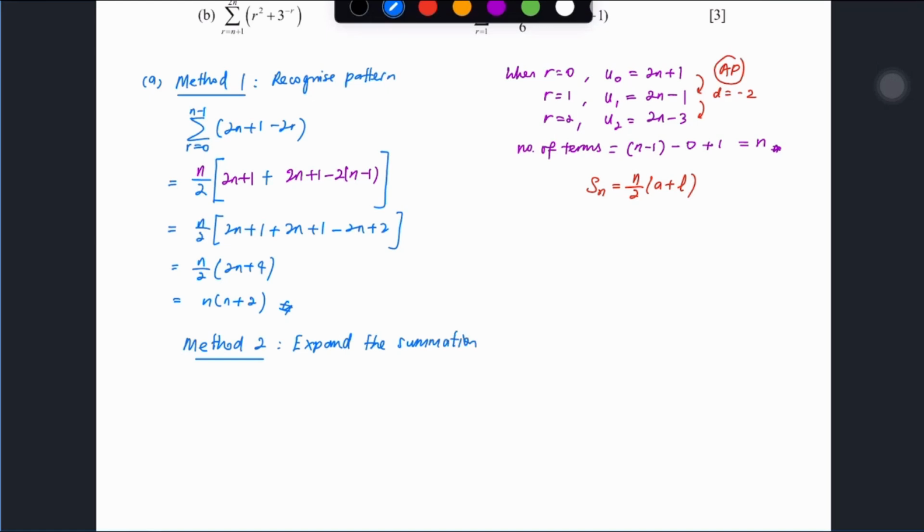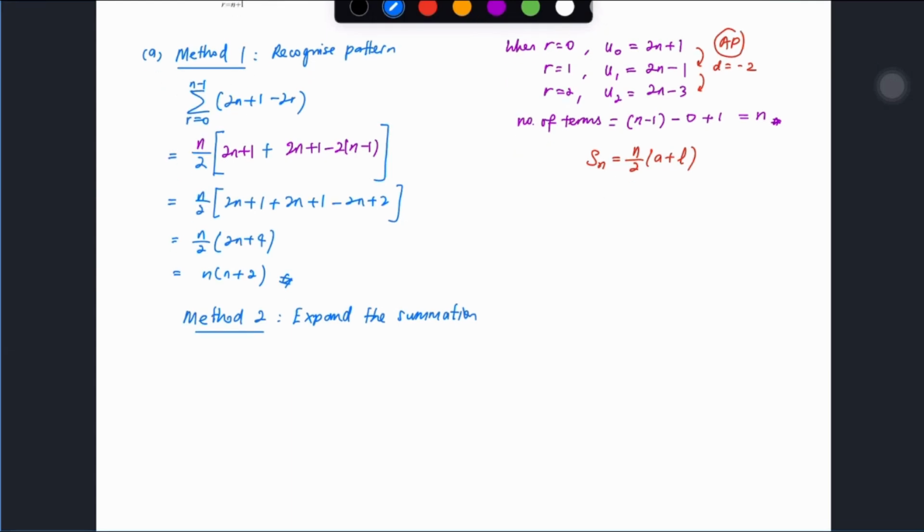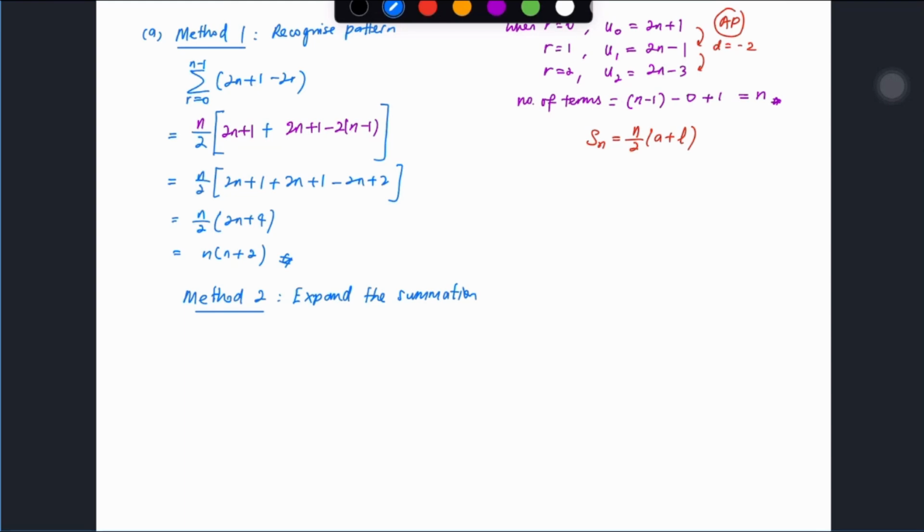Not for this question. Yeah, you're correct. So what we need to do over here is expand the summation.